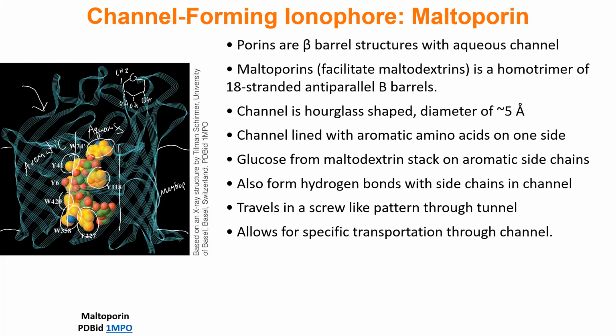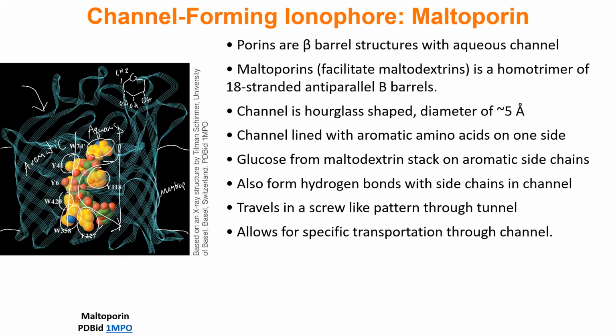So what happens is that our maltodextrin comes in and it travels like a screw through our pore, right? These aromatic and hydrogen bonding residues direct it like a screw through our pore. And this type of setup only allows maltodextrins through. Other sugars cannot use these specific transporters.